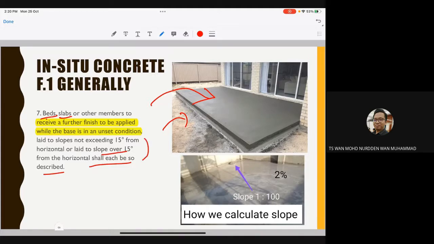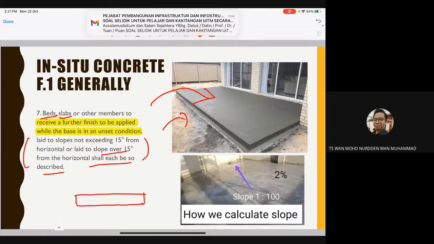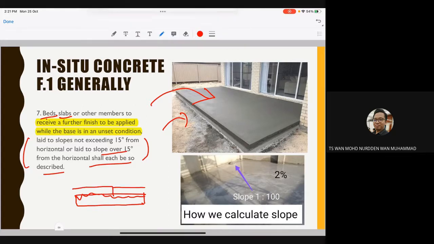Saya rasa ayat ni you pernah dengar masa you part 2 masa buat measurement untuk finishes kan? Sebab normally jika sini bed, slab or other members to receive a further finish to be applied while the base is in unset condition. Okay, kena describe lah sebab macam kita buat part 2 measurement untuk kita punya screening kan, kita buat screen, kita punya screen before at the end atas tu kita letak dengan tiles for example.